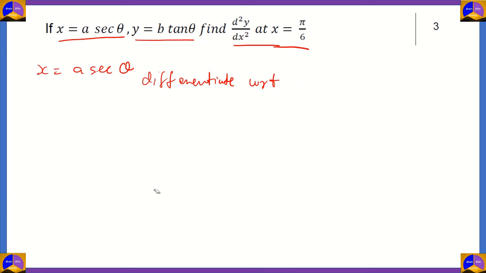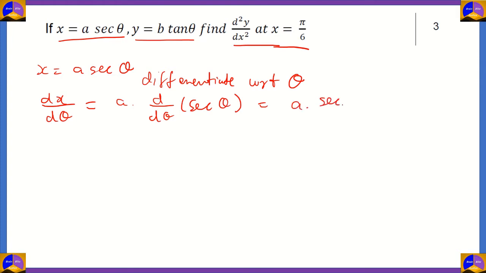What we have to do is differentiate with respect to theta, because the right-hand side is a function of theta. So dx by d theta is equal to a times d by d theta of sec theta, which is equal to a times sec theta times tan theta.